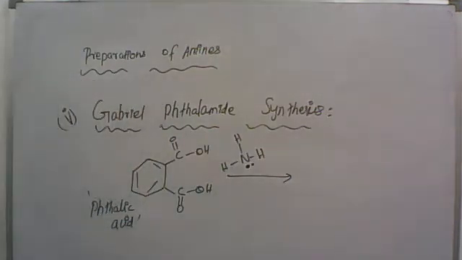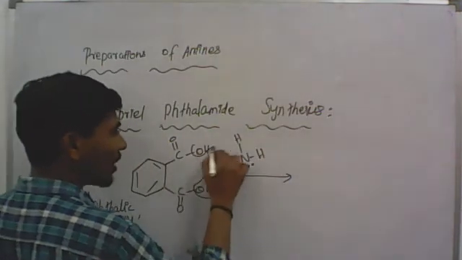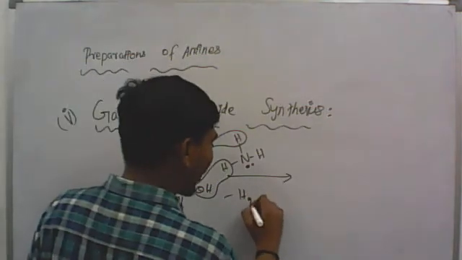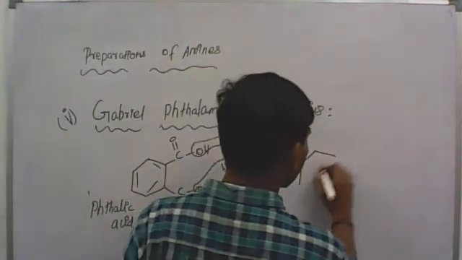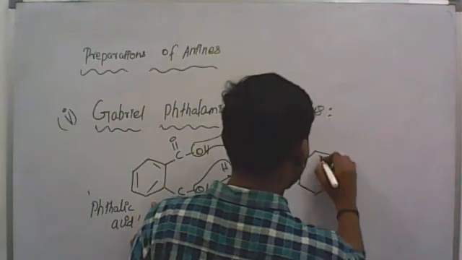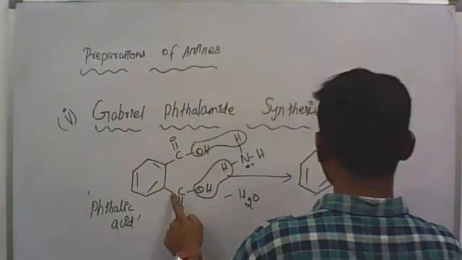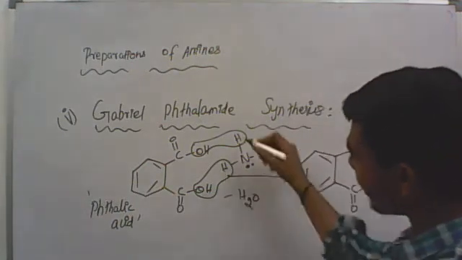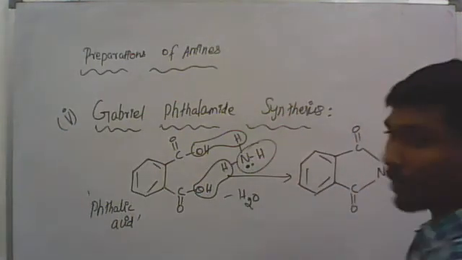See here, OH and H, OH and H: 2 molecules of water will be eliminated, and what we get is the remaining part, C double bond O, C double bond O, with NH.